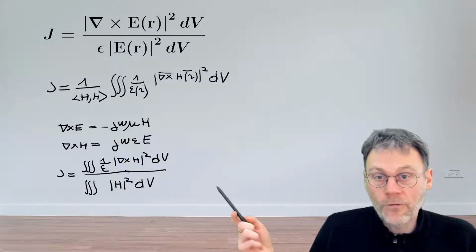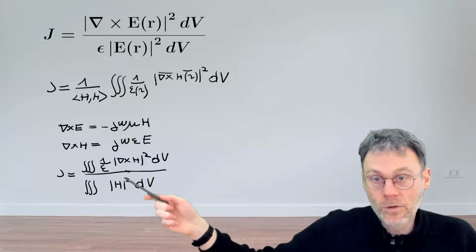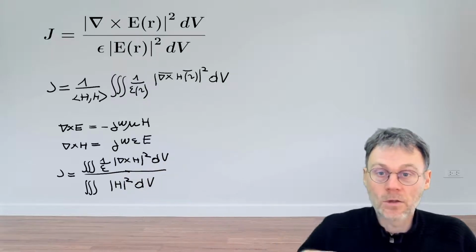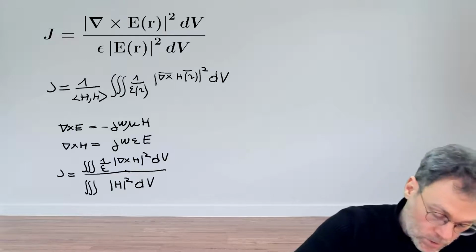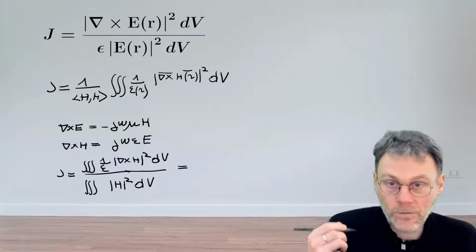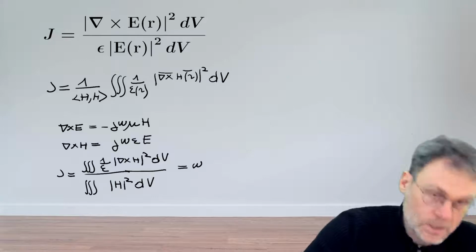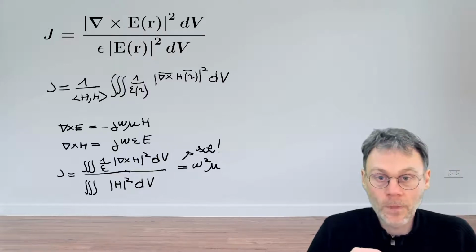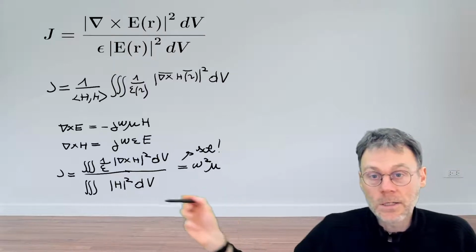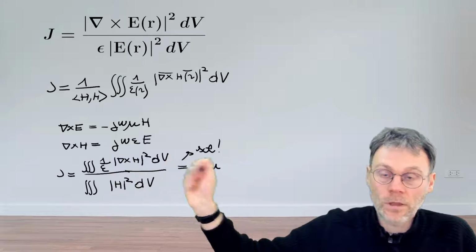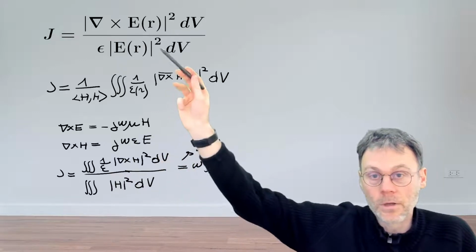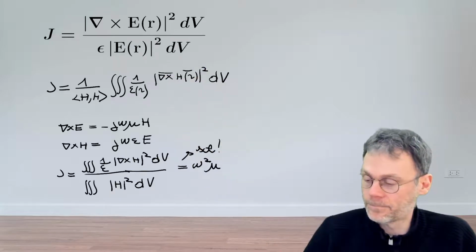Obviously, if we have a field distribution H that minimizes this variational form, then what this thing should give us is the eigenvalue. So if we have a solution, and that's a big if, then this thing is equal to omega squared mu. That's only if we have a solution. Okay, these are the things we're going to work with. Pause the video and use this information to go from here to there.